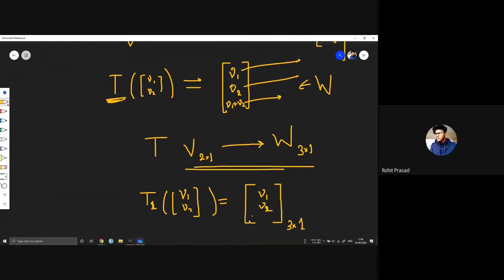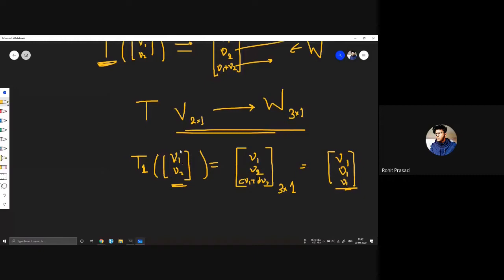Yeah, anything like that which takes from 2-dimensional vector space to 3-dimensional vector space. Anything you can make from a combination of this V1 V2 and put it in the 3-dimensional space will be a transformation from V to W via T.